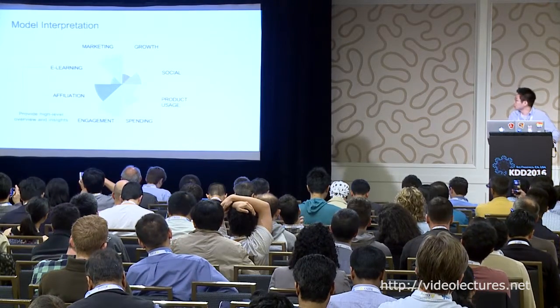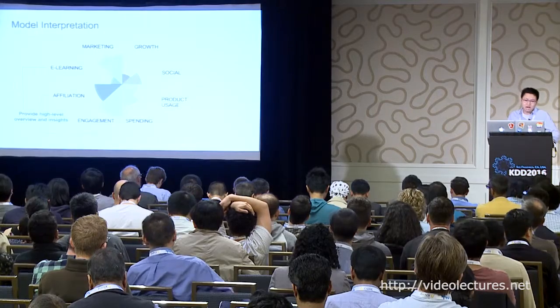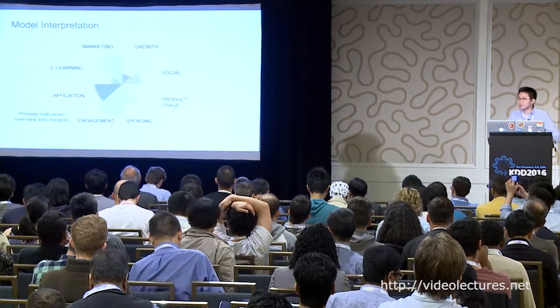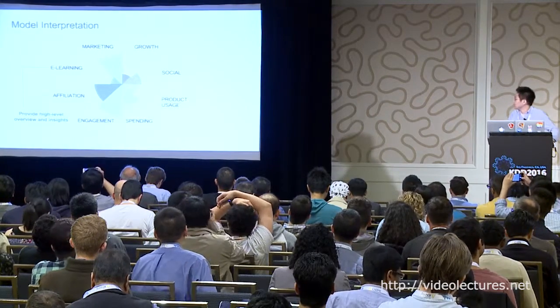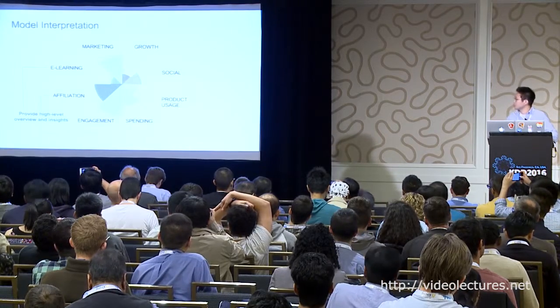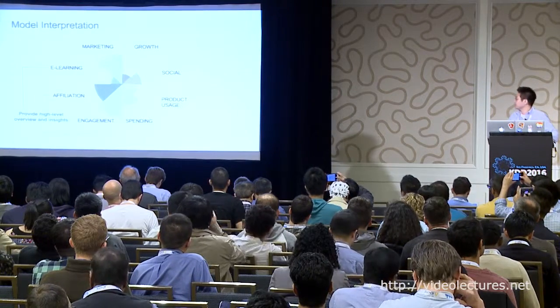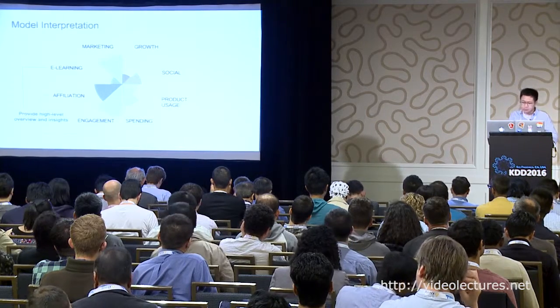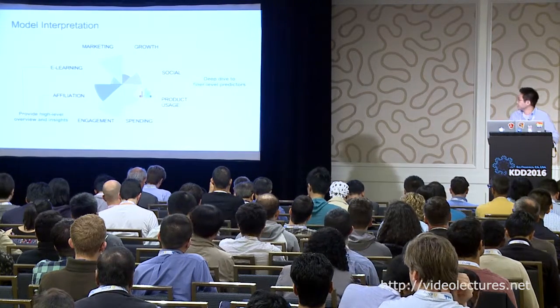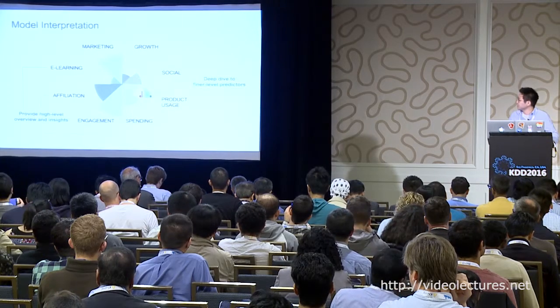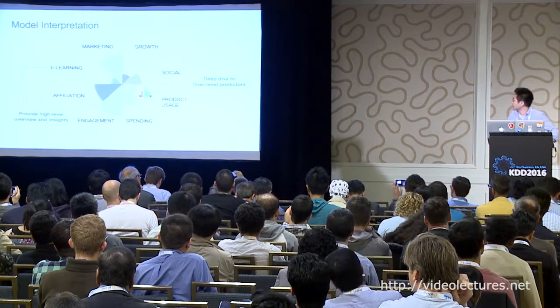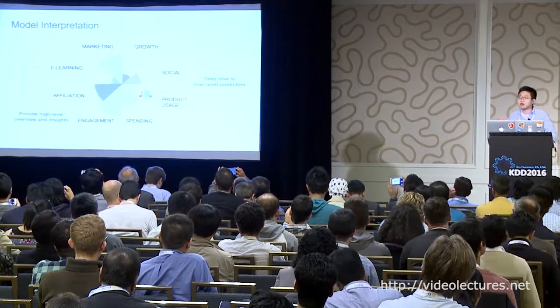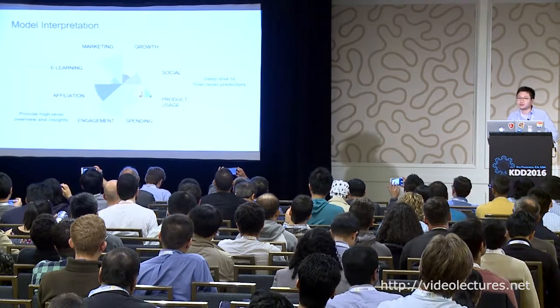So first of all, it provides a high-level overview and insights. So the business partner will be clear about what the key driver is for a particular account. And if he's interested, he can further dig down, for example, to see what the key driver is inside one bucket, such as product usage, to get an idea about the final-level predictors.